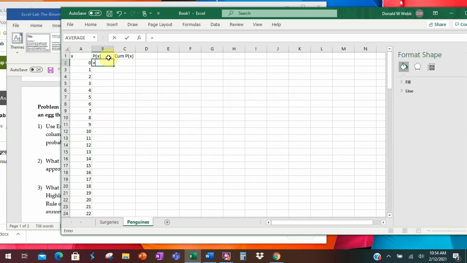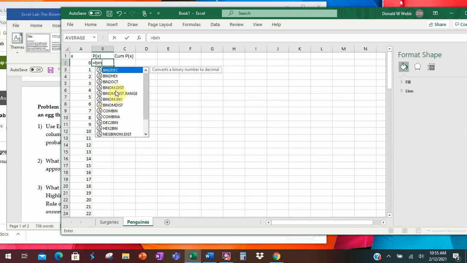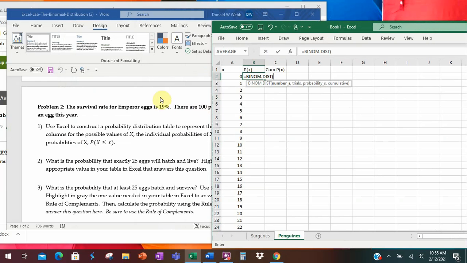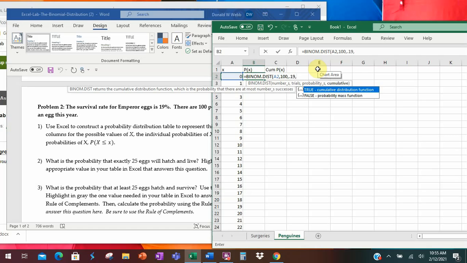The probability, we're going to do the very same thing that we did before, the binom dist. I need which number of successes. Gives me the number of successes, exactly 0, 1, 2, 3. 100 trials. The probability of success is 0.19. 19% carry this characteristic of surviving.